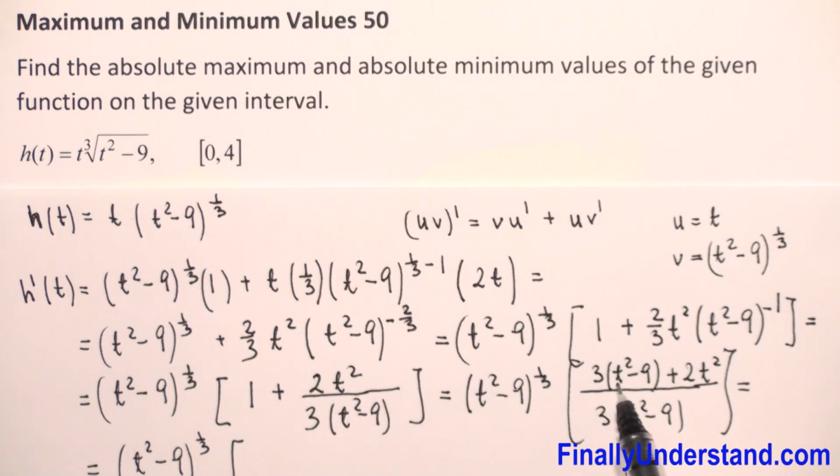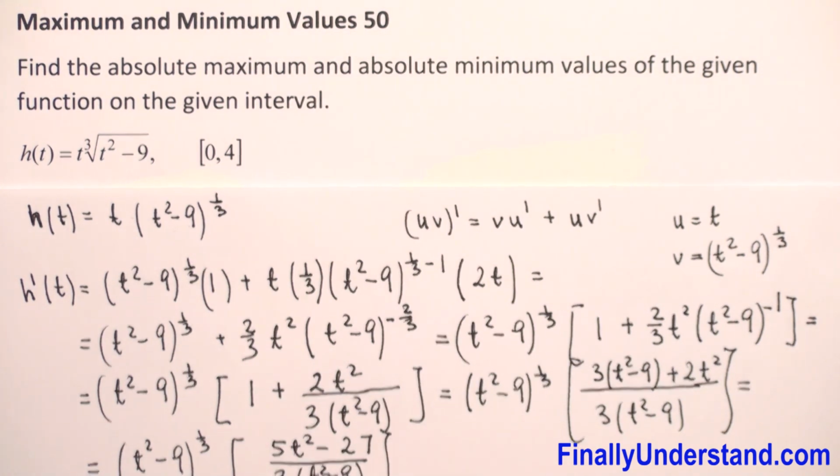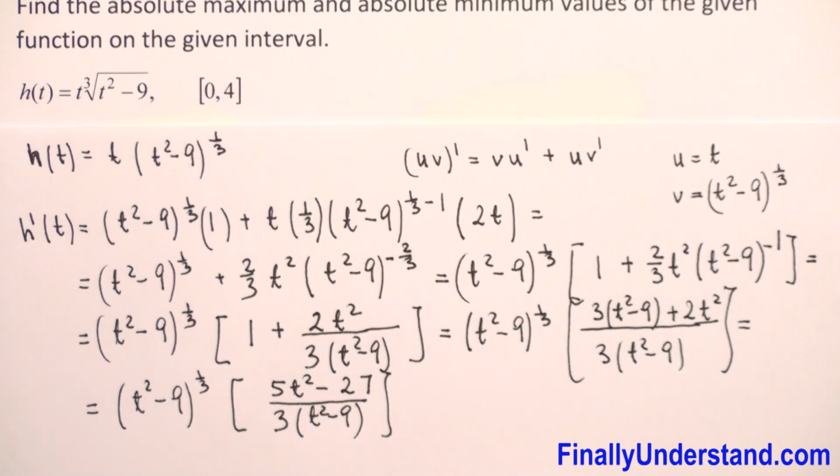So 3t squared plus 2t squared is 5t squared minus 27, over 3 times t squared minus 9. So this is my first derivative of our h function.